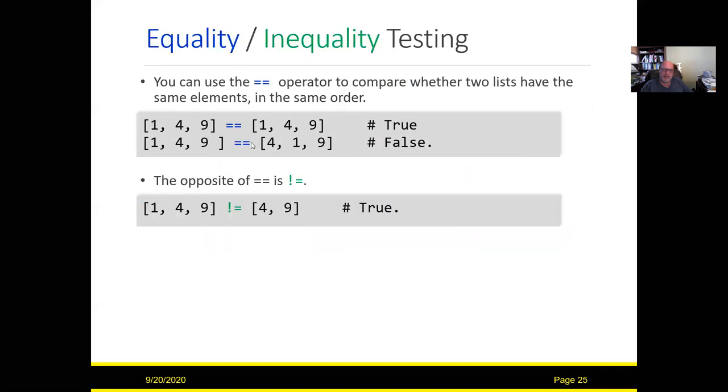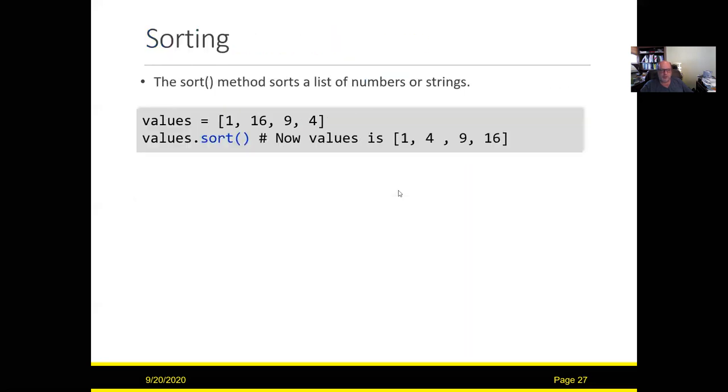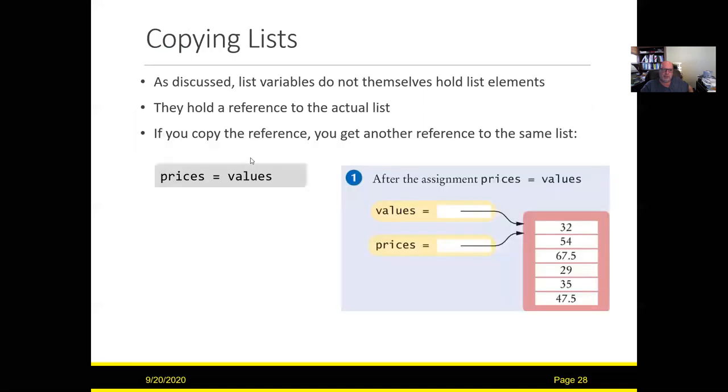If I have two lists that I want to compare, maybe I want to sort them first, then I compare them to be sure that I have them in the same order. Again, this sort is going to affect the list. So we've got to be careful about that. Do we want to keep it sorted, or do we want to keep the original one? That's something that we have to keep track of.